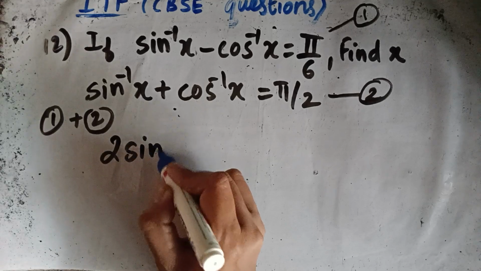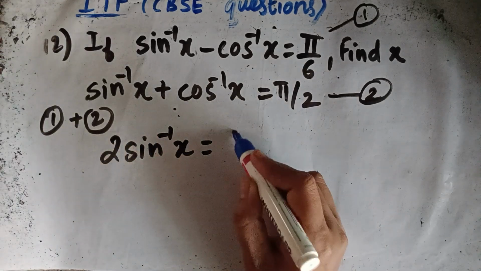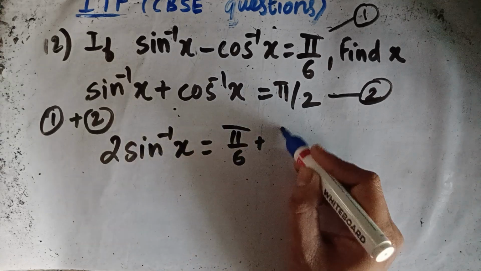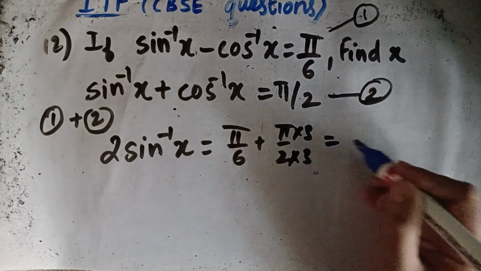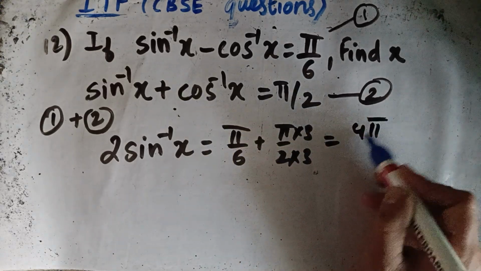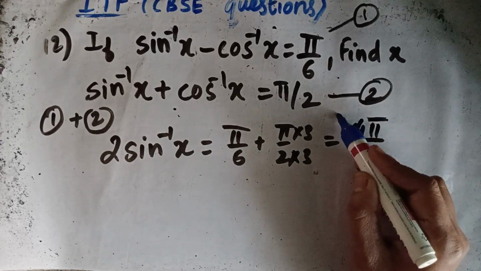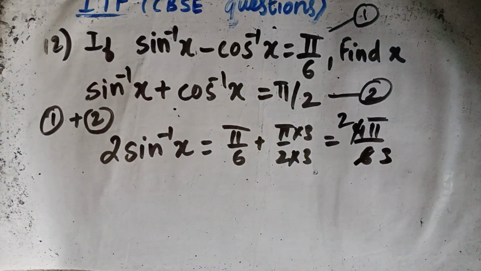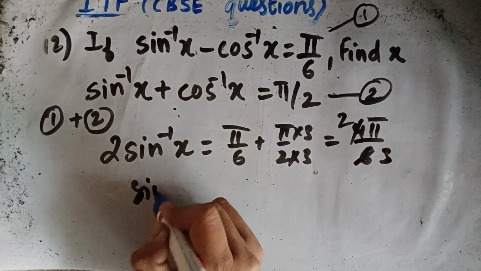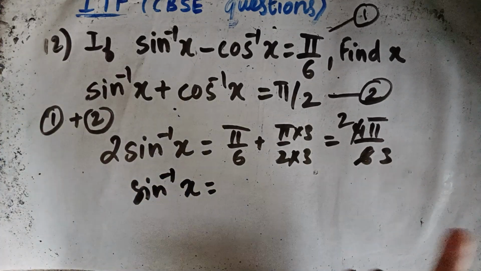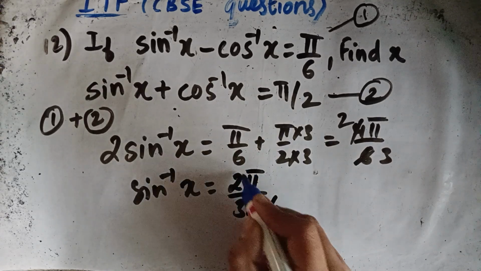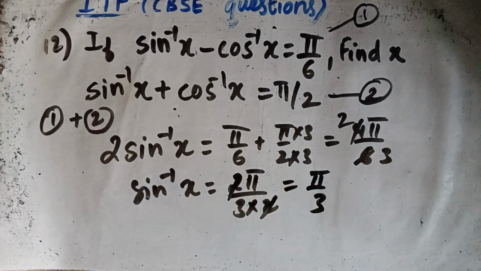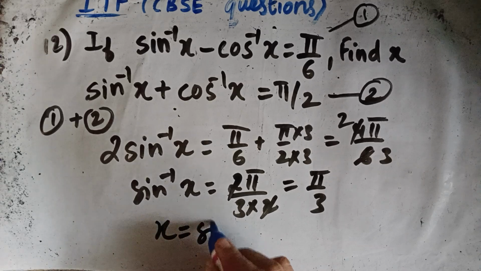We'll get 2 sine inverse of x equal to pi by 6 plus pi by 2. So we'll get 3 pi plus pi, 4 pi upon 6, which is 2 pi by 3. Taking that to that side, you will get 2 pi upon 3 into 2, so pi by 3. So sine inverse of x is pi by 3. So x is sine of pi by 3.